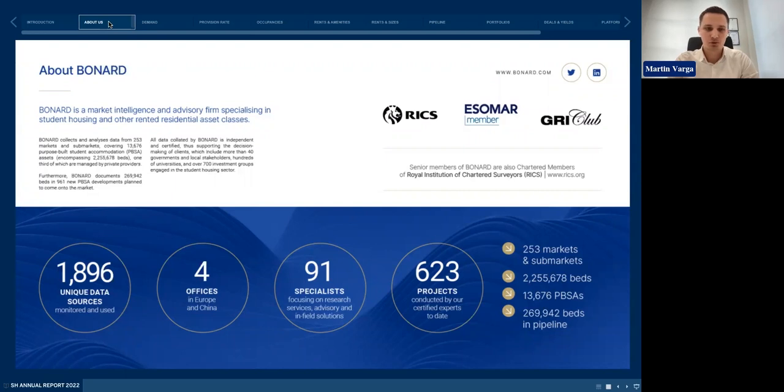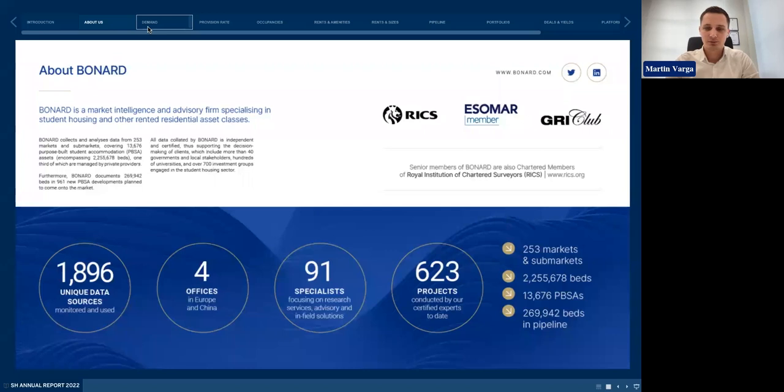Based on those sources, our team over the years managed to establish an interactive platform and a big granular database for 253 markets and submarkets, which consists of asset-level details and information for more than 13,000 operational PBSAs in those markets.